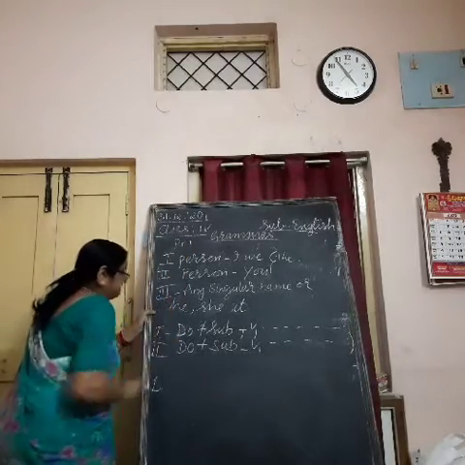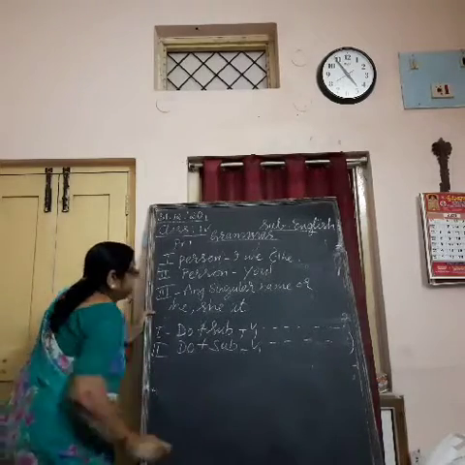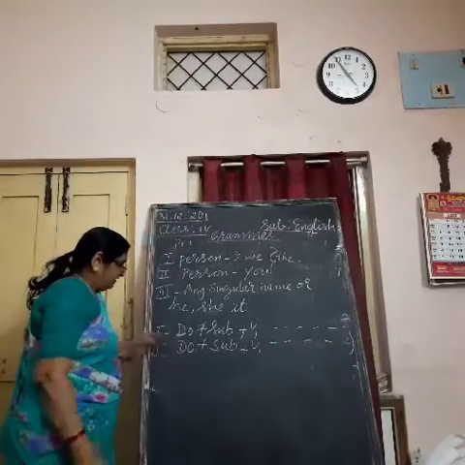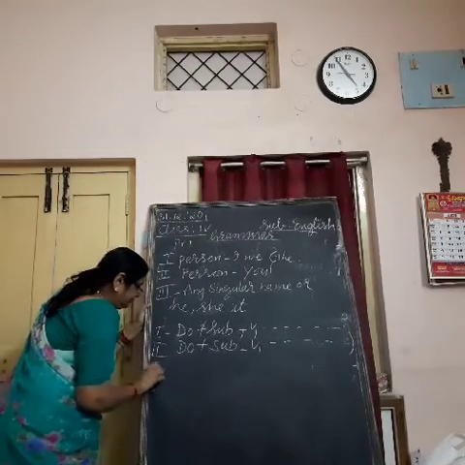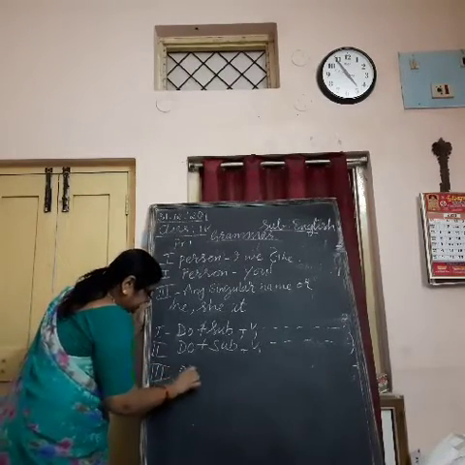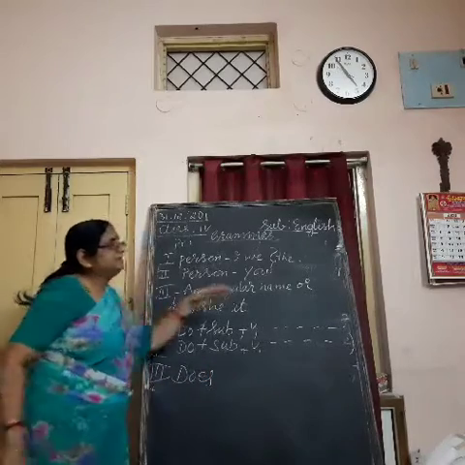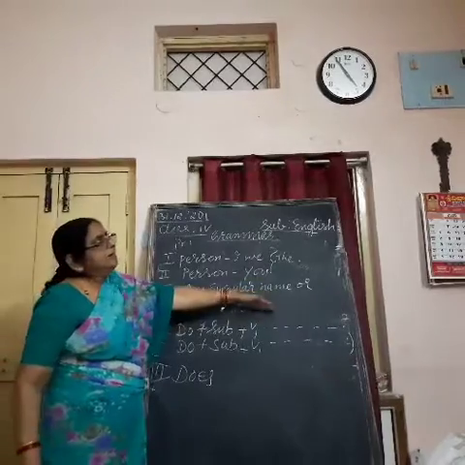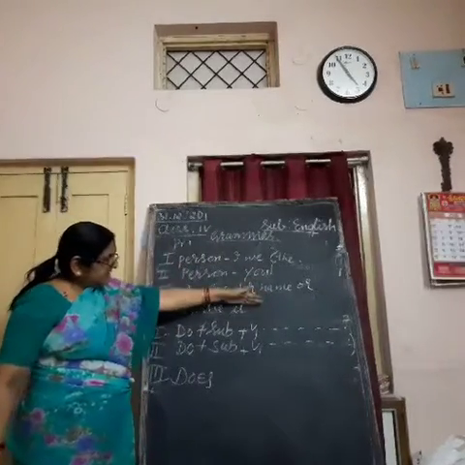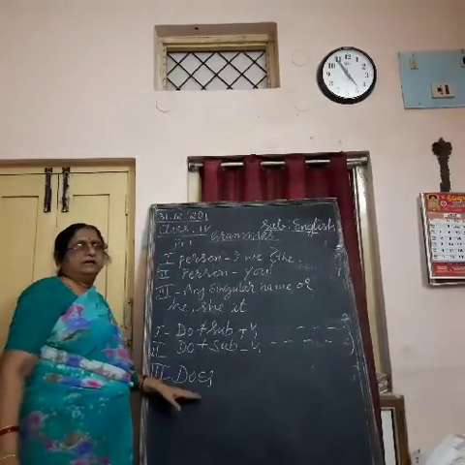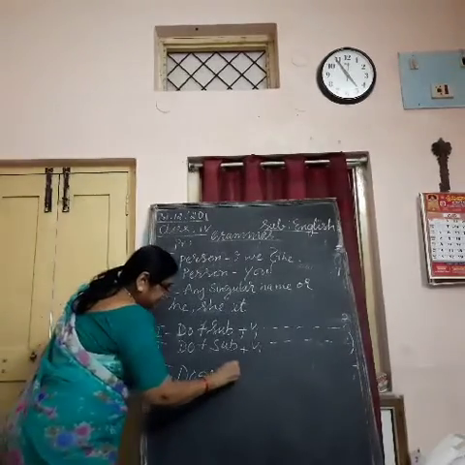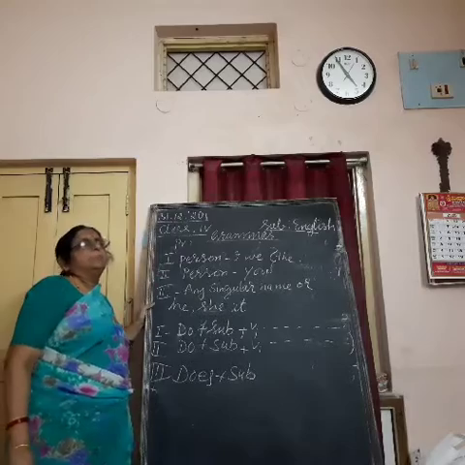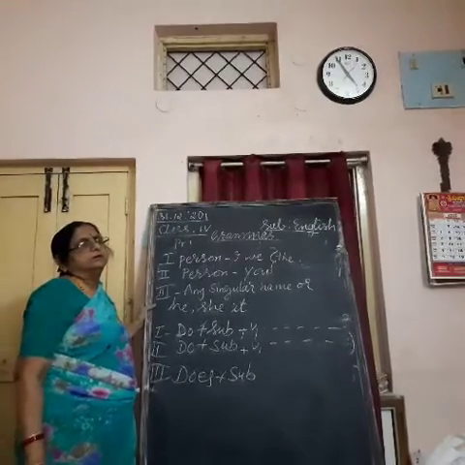Any third person is there? Like he, she, Veena, Varun, Amol, like that. Any name will come. There you are using does. Why? Because in the verb S will be there when third person is there. If that S is there, we have to get does plus subject. Does Amol play cricket?